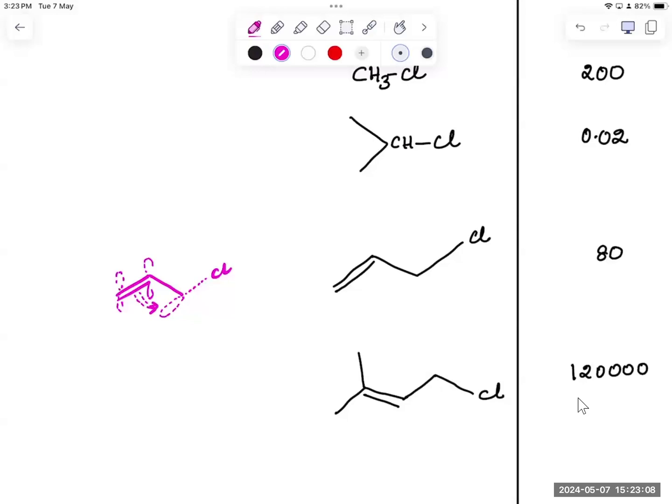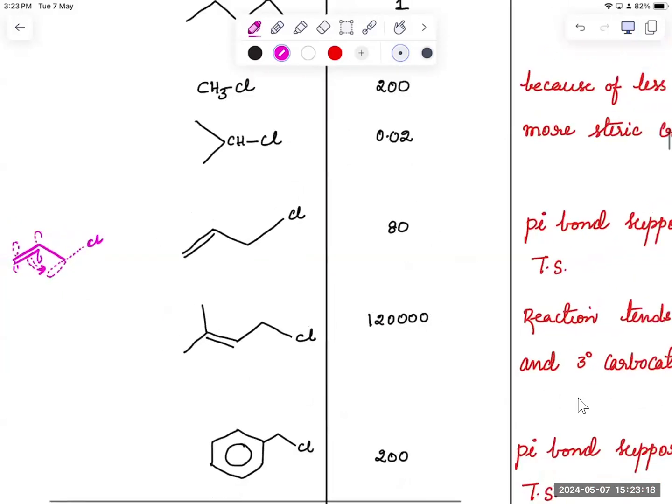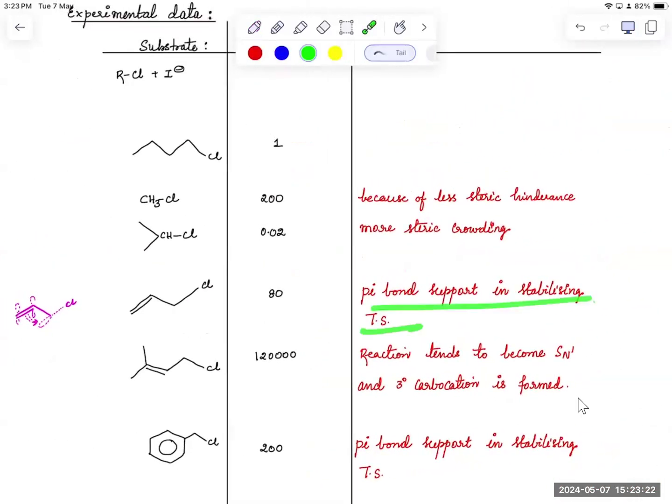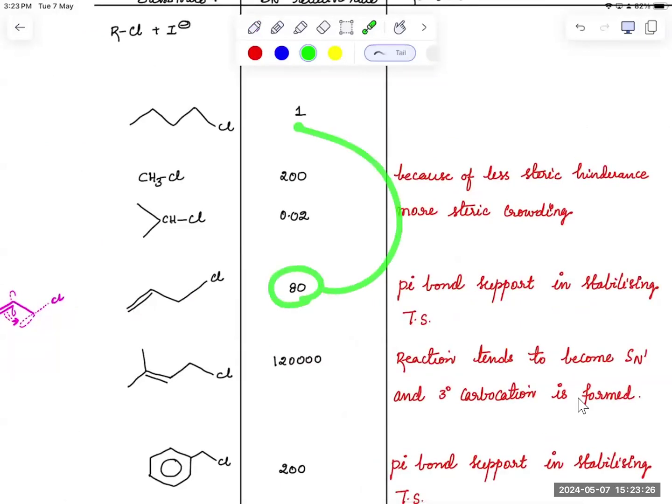So that will bring the stability. Just now I told you that the transition state can be stabilized by the involvement of a pi bond or a lone pair adjacent to it. That's why, due to the pi bond support, its stability is increasing. The rate of the reaction is 80 times that of the first one.